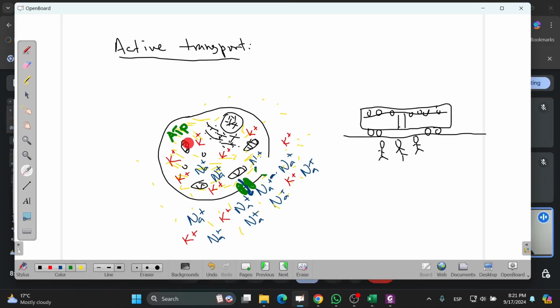One, energy for the push, and two, a protein that will open a channel to facilitate that transport, a transporting protein on the membrane. Guys, which is different from diffusion. If sodium was moving in the opposite direction, it would be doing it from a higher concentration into a lower concentration, and energy will not be required.